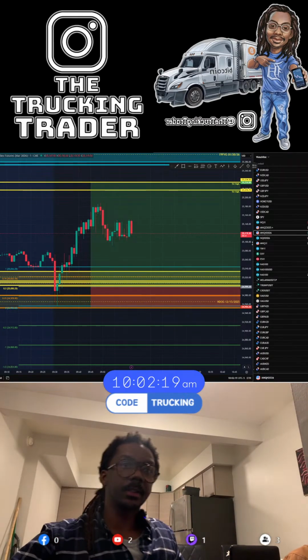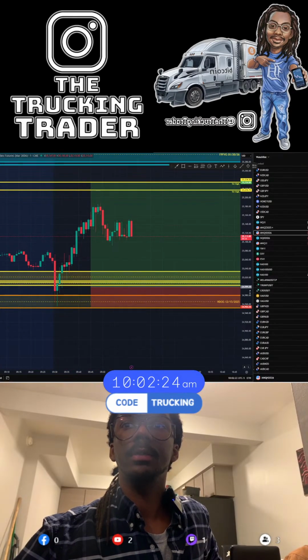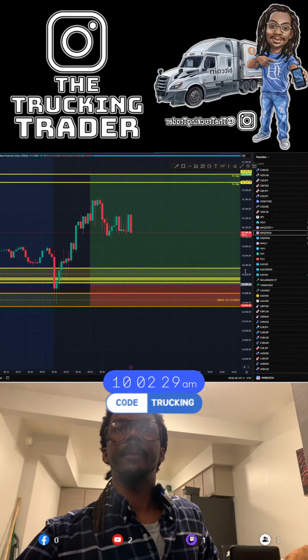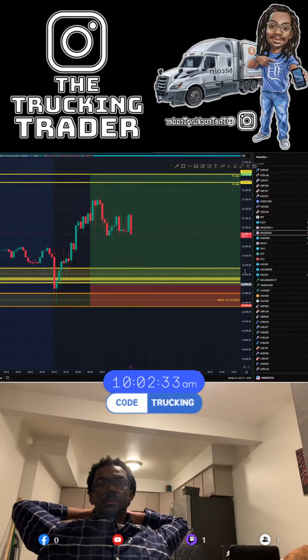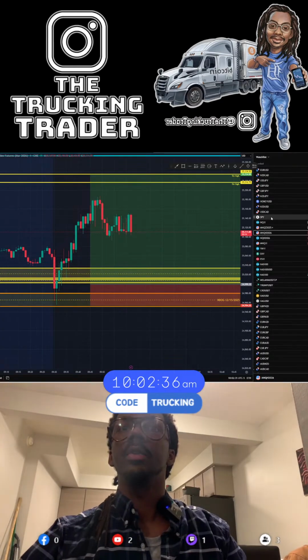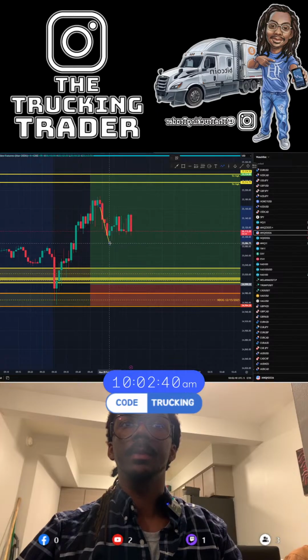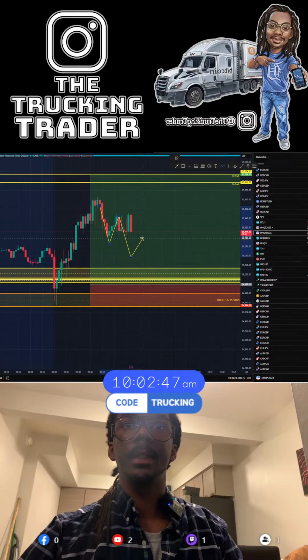Just have to be patient. Let the market come to us. I'm going to take some of this stuff off of my chart. See what happens in here, right? Now, on the 1 minute time frame, I wouldn't be surprised if, you see how right here we build up this little liquidity right there, if it sweeps this liquidity one time and then has a reaction and then has to keep building out liquidity like that.